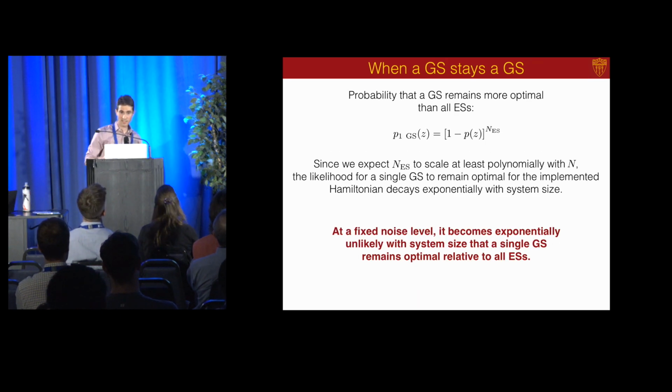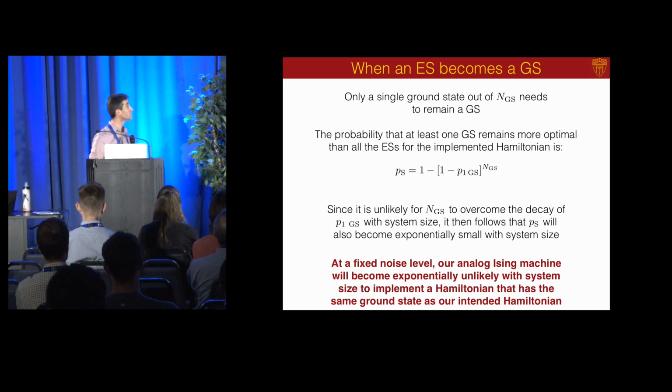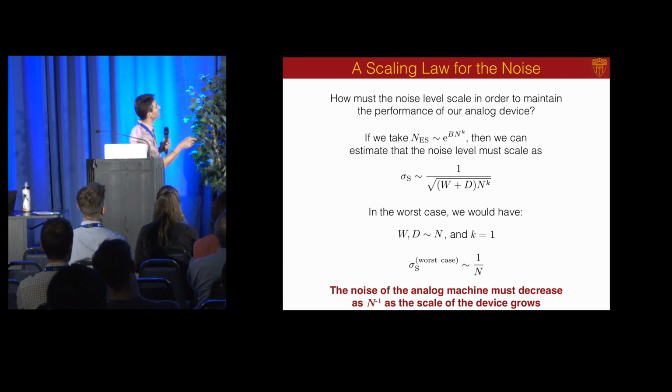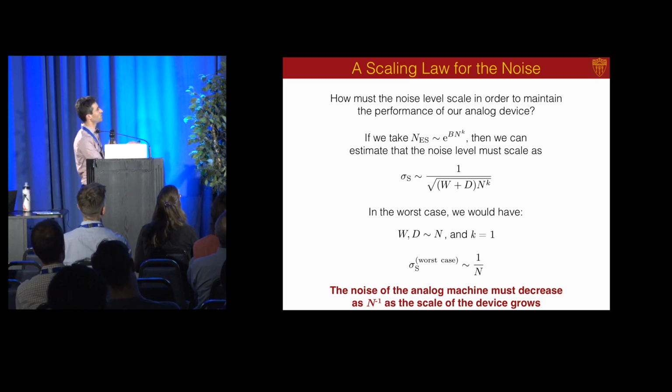Okay? So that's, if you like, the assumption on the number of ground states. And at least in the paper, we give a plausibility argument for why that is. Now, here I'm making an assumption about the form of the number of excited states. Clearly, the worst case is when k is 1, and so it's growing exponentially in n.